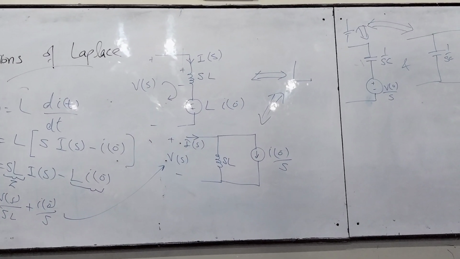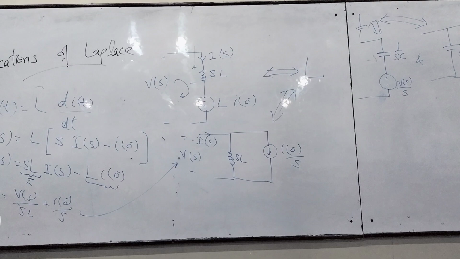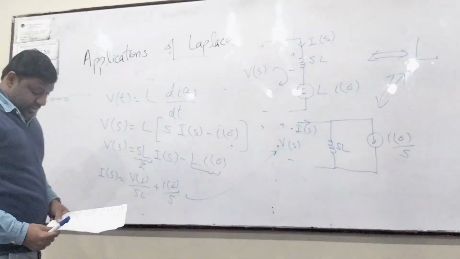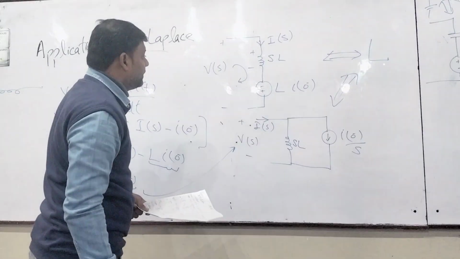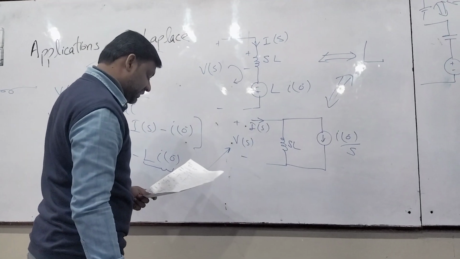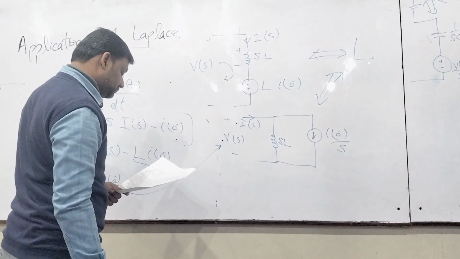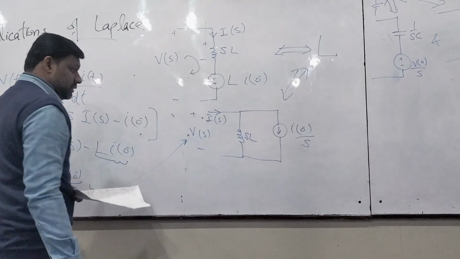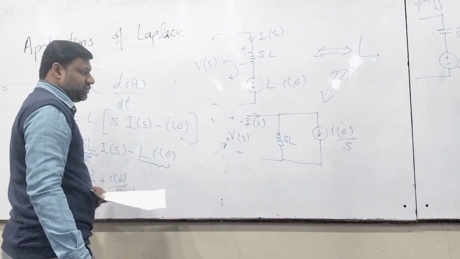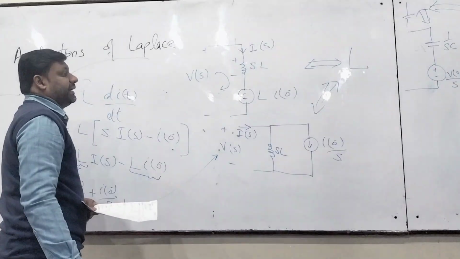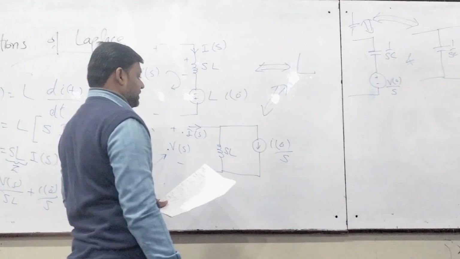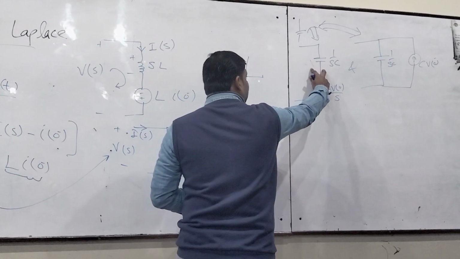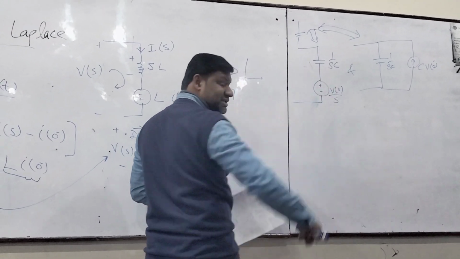In your book, in your examples, they have used certain sets. For example, for the case of the inductor they are using this one, as the inductor stores the current, and for the capacitor they are using this one, as the capacitor stores the voltage.